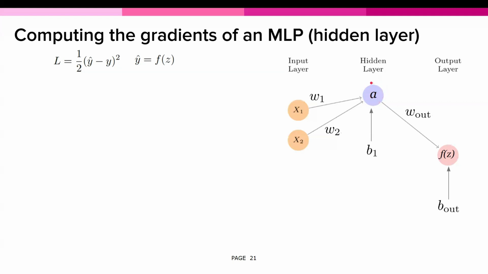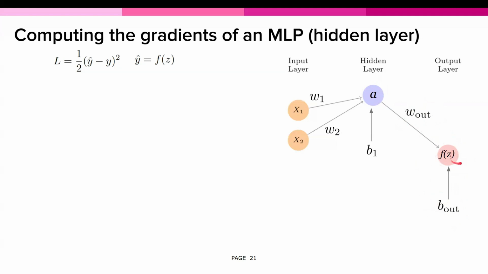And then once we have the output of that node, we're going to scale that by some amount W out, add a bias, and then pass that through another function f to get our final output.